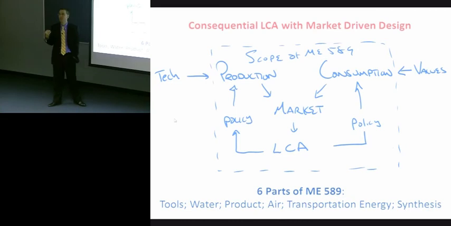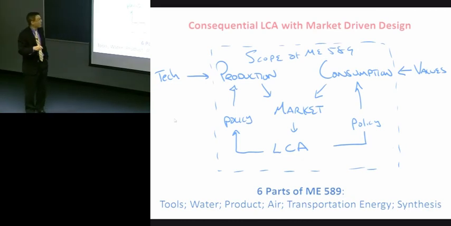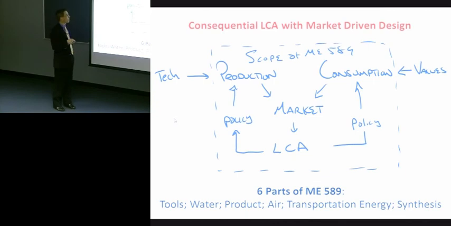In every example we talk about, we're not going to look at all these parts. Toward the end of class, and maybe getting into November, we're going to look at some interesting cases, at least I hope you'll find them interesting, where we're looking at all these pieces together. But for instance, we're going to look at an example in water, where we're pretty much just looking at production and policy, maybe a little bit of market, not so much on the consumption side, not so much on the LCA side.